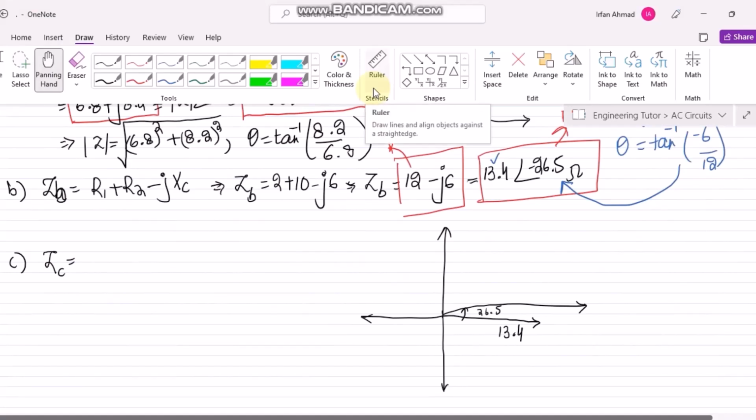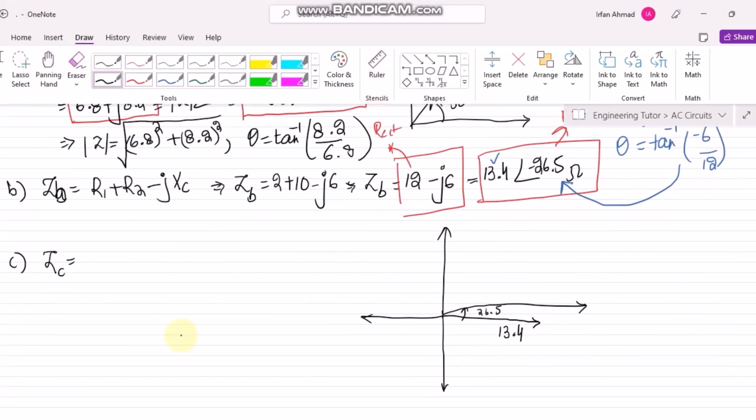There are basically two resistors here, R1 plus R2, and the two inductive reactances, XL1 plus XL2.